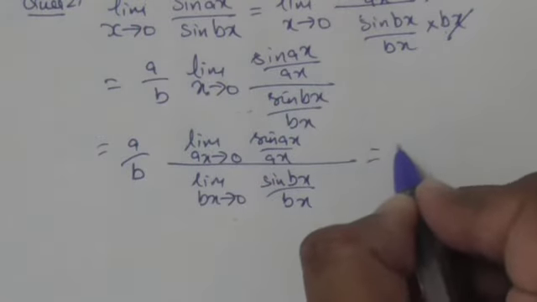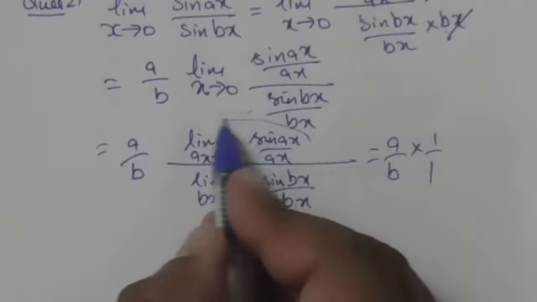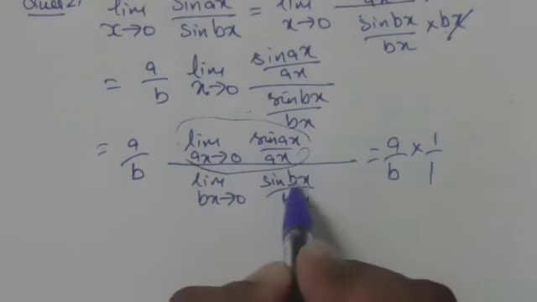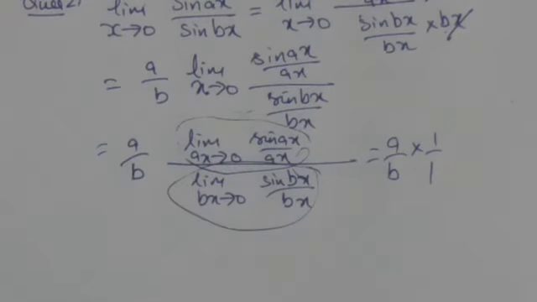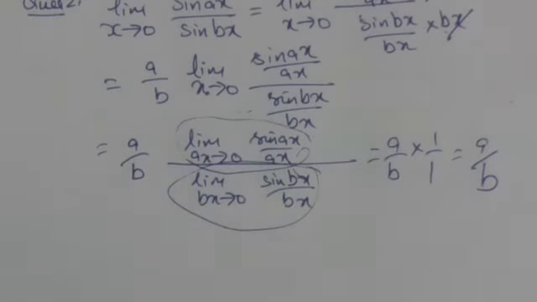And it will be equal to a upon b into 1 upon 1, because this expression will be equal to 1 and this expression will also be equal to 1. So the answer is a upon b. Now next question is also like this.